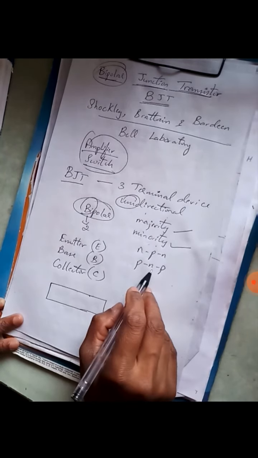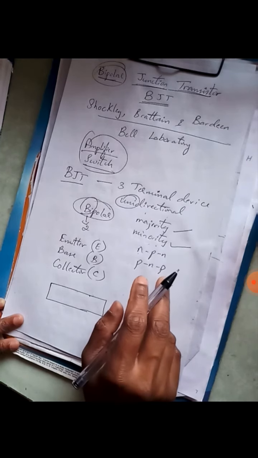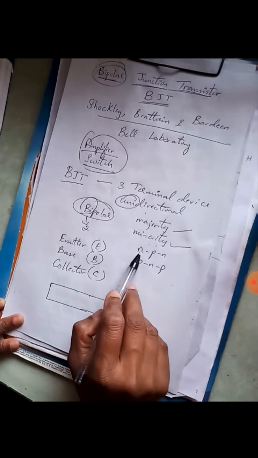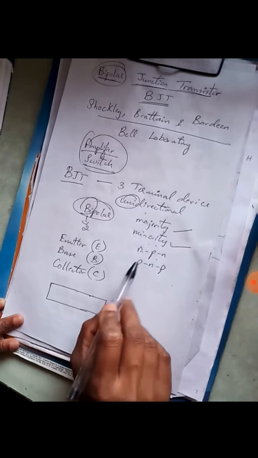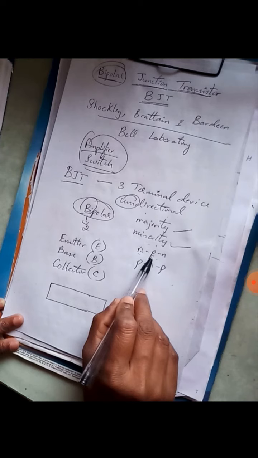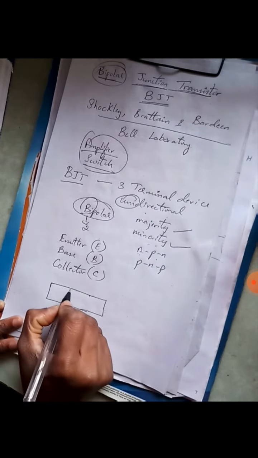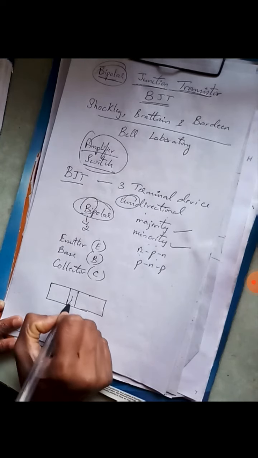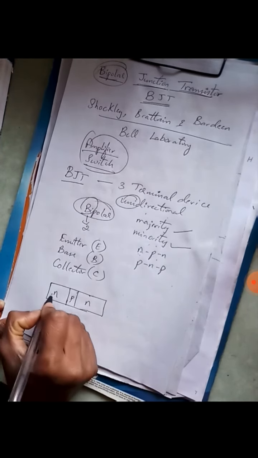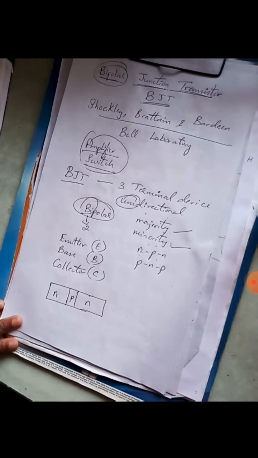What are N and P? They are nothing but different types of semiconductors: N type semiconductor and P type semiconductor. In an NPN type of transistor, a P type semiconductor is sandwiched between two N type semiconductors. So in the middle I have one P type, and two N types on either side.